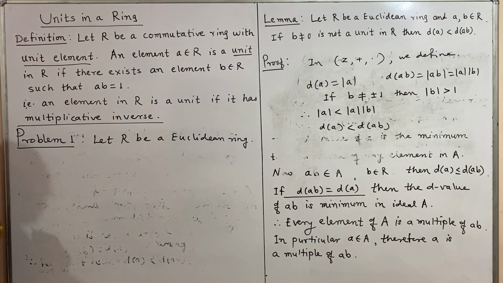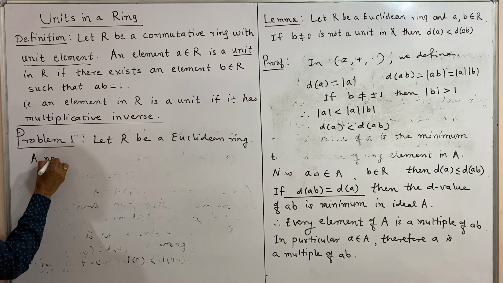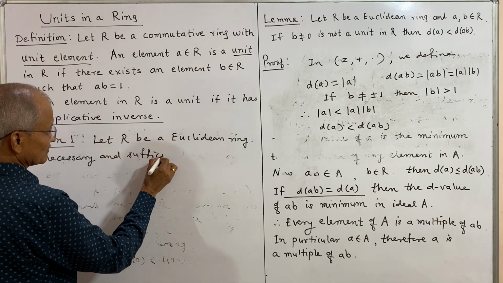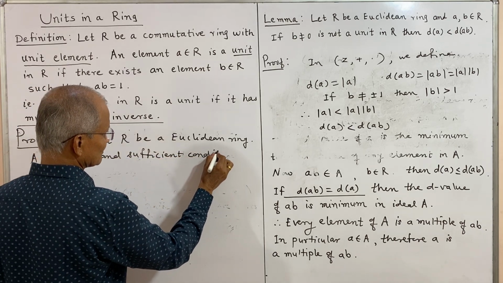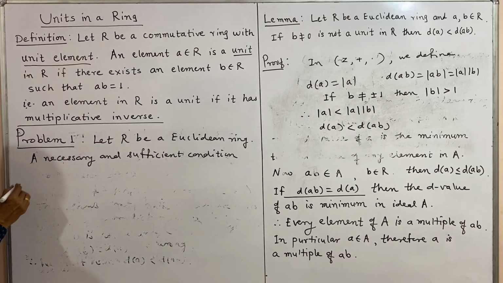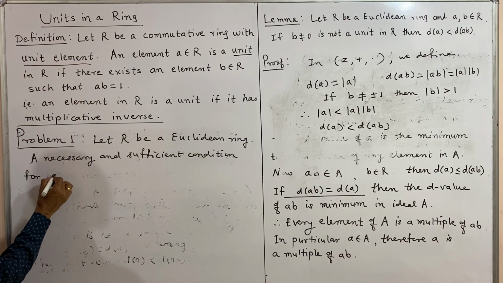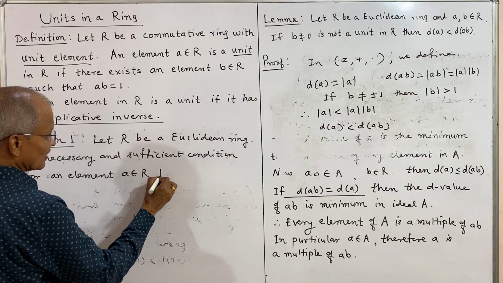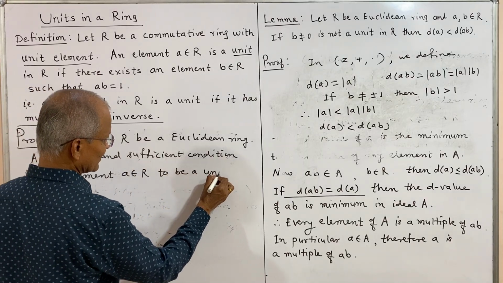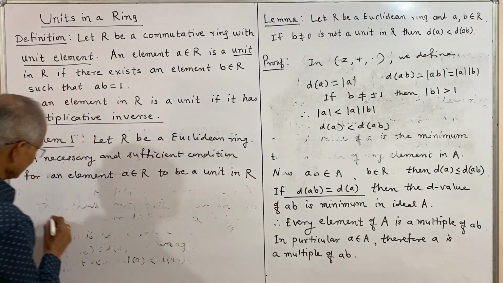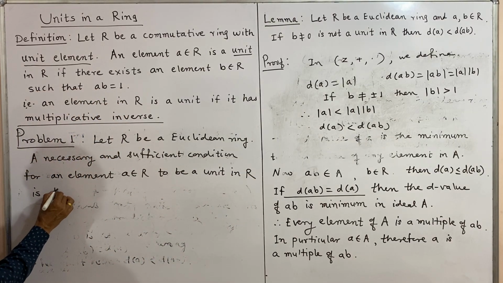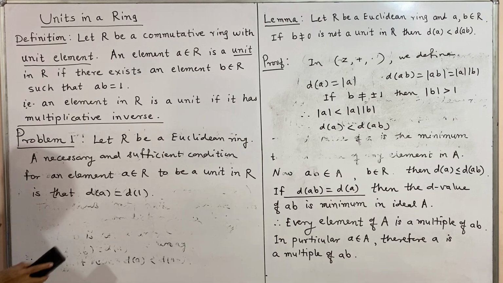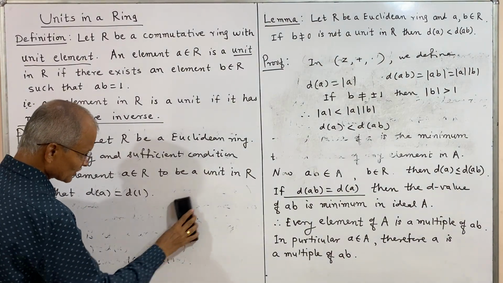A necessary and sufficient condition for an element A belonging to R to be a unit in R is that d value of A is equal to d value of 1. 1 is the unit element. So this is the necessary and sufficient condition.